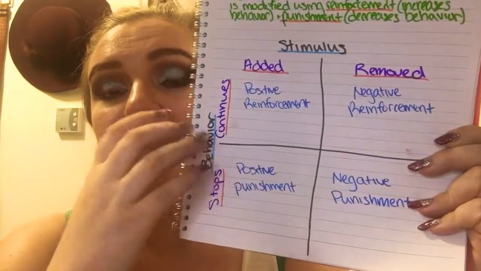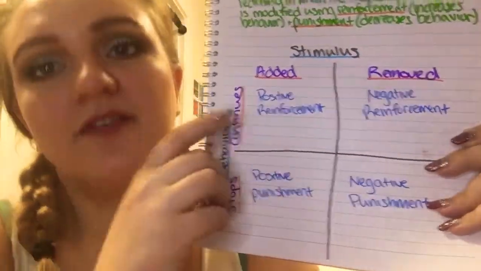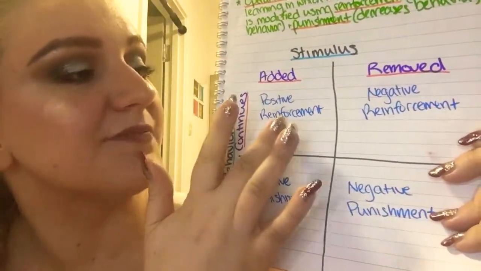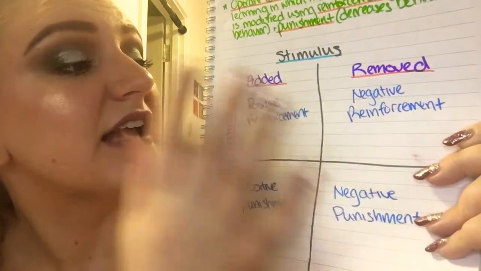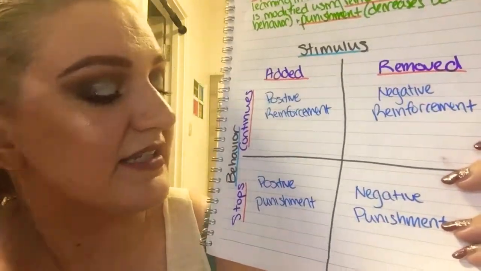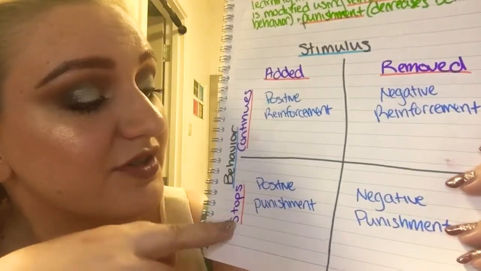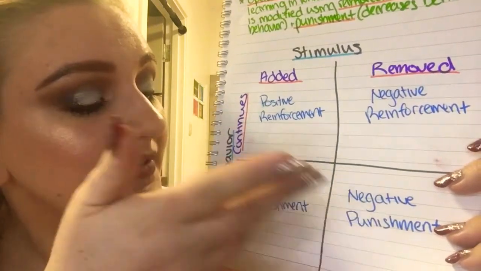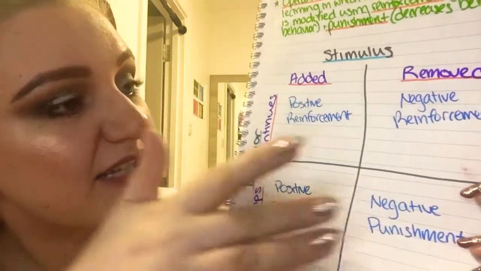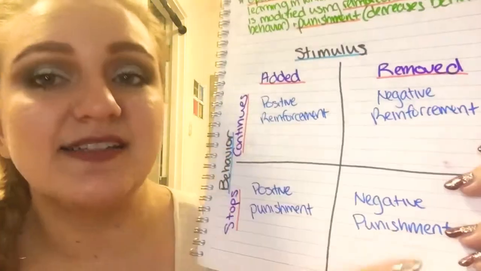If the behavior continues and you add a stimulus, that's positive reinforcement. If the behavior continues and you remove a stimulus, that is negative reinforcement. If the behavior stops and you add a stimulus, that is positive punishment. If the behavior stops and you remove a stimulus, that's negative punishment.